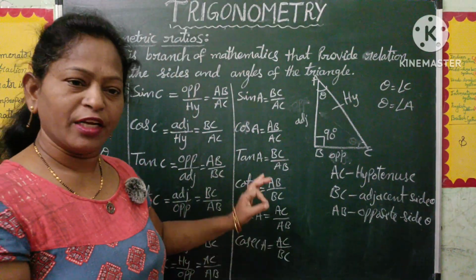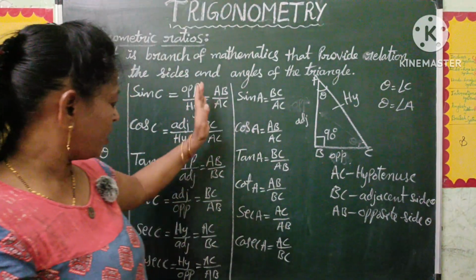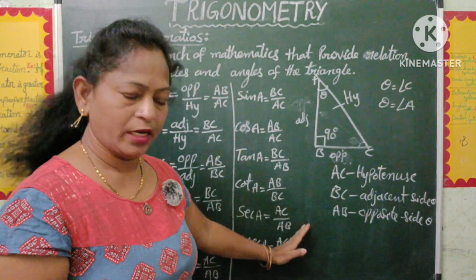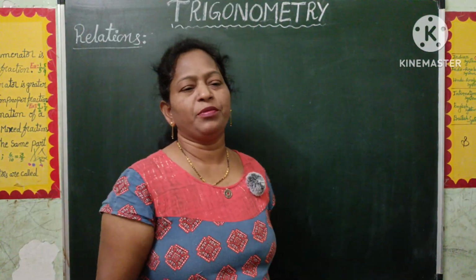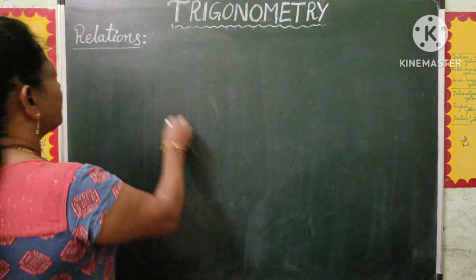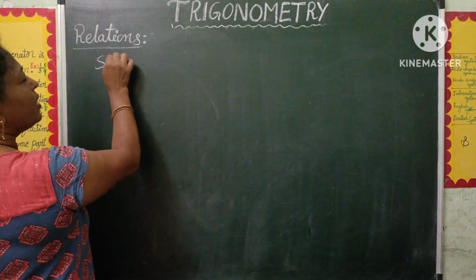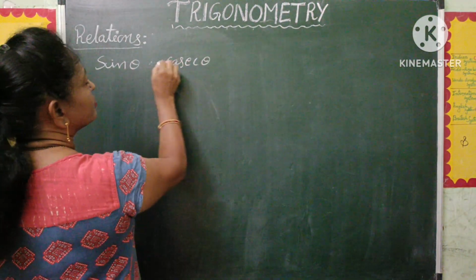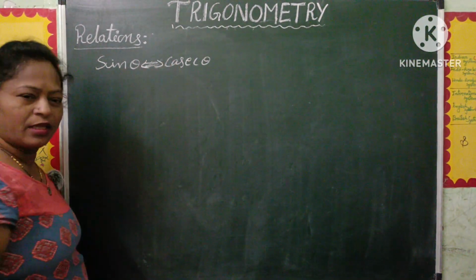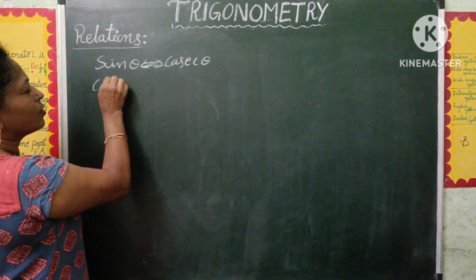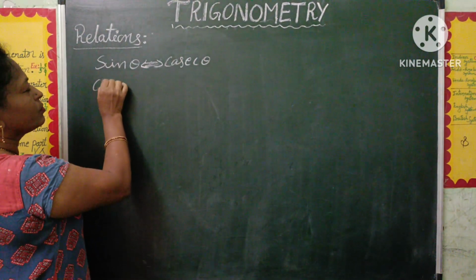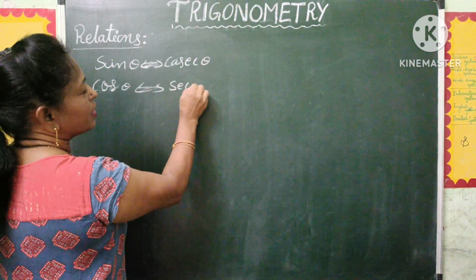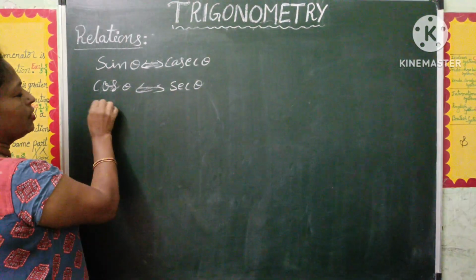These are the ratios written based on the sides at angle A. Let us see the relation between the 6 ratios. Sin theta and cosecant theta are reciprocal to each other. Cos theta and sec theta are reciprocal to each other.